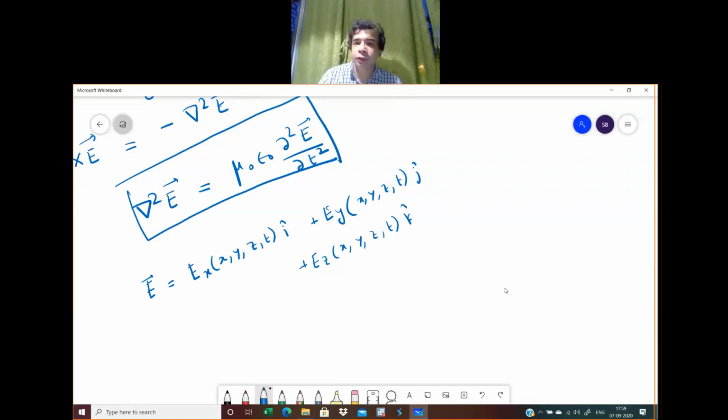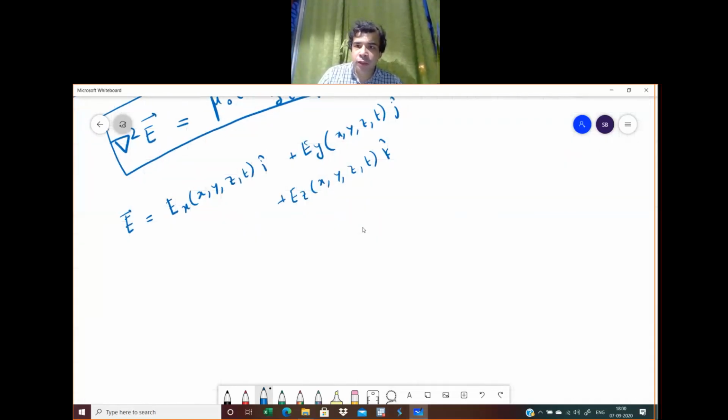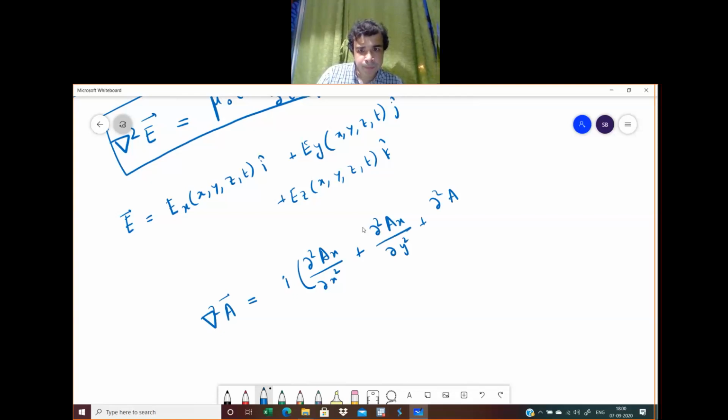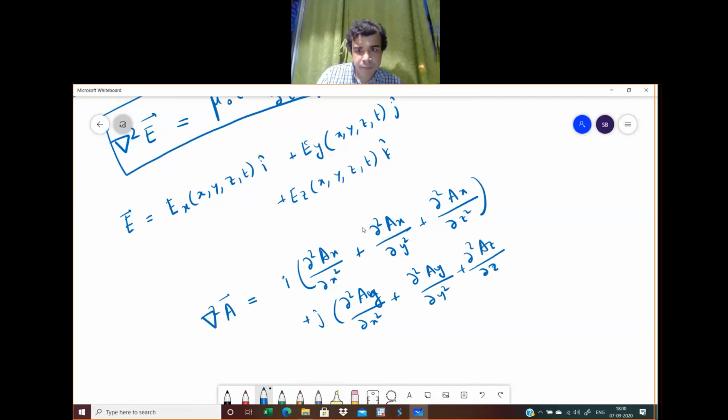So how will the Laplacian look when it operates on a vector A? It is simply the scalar Laplacian operated on all the components of the vector.